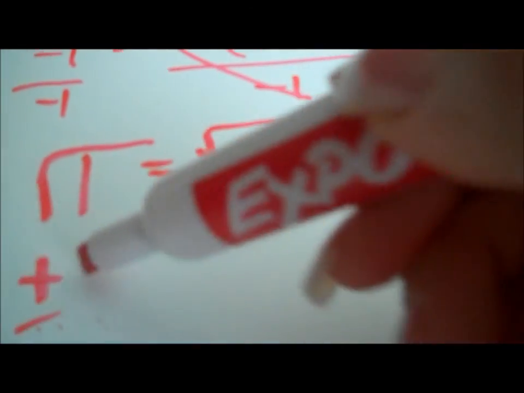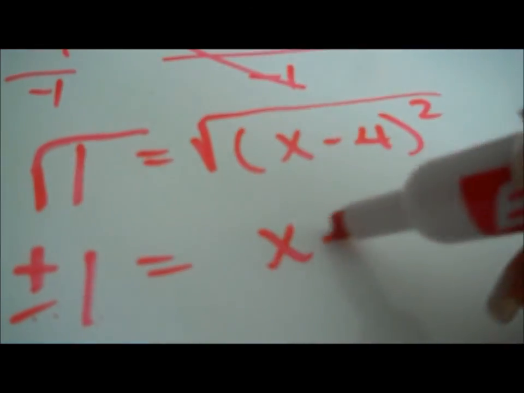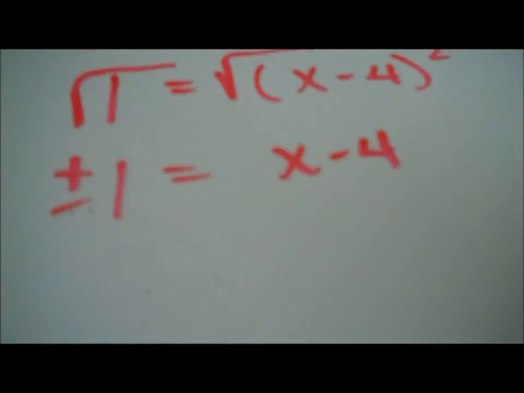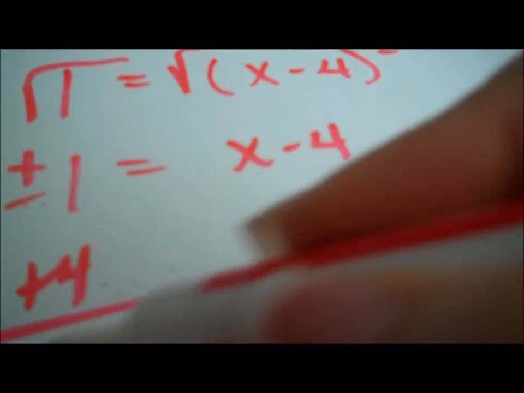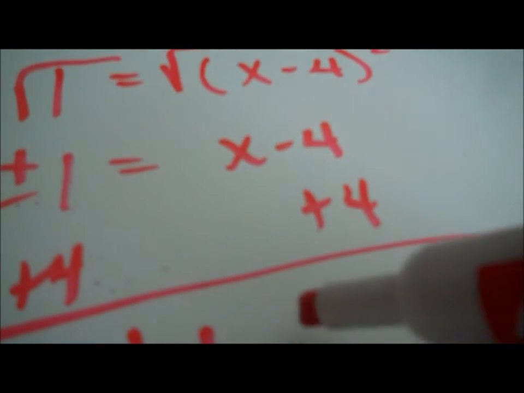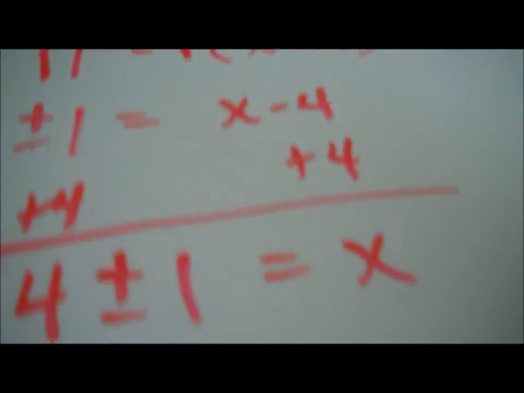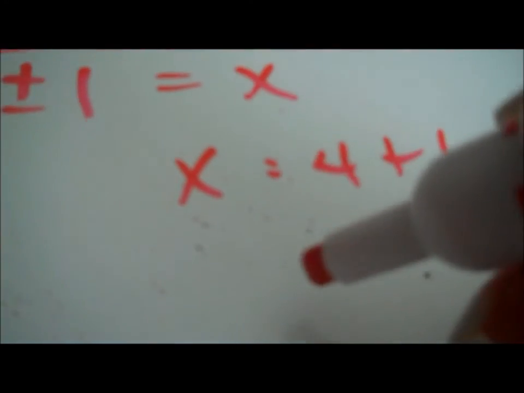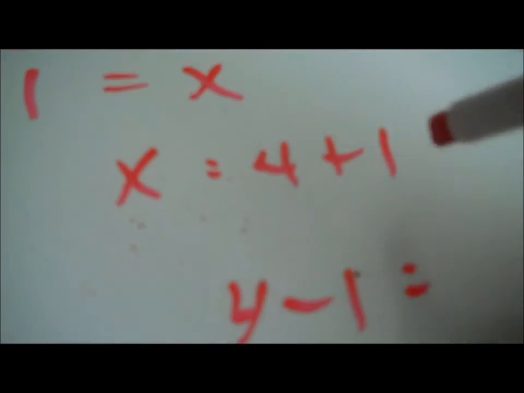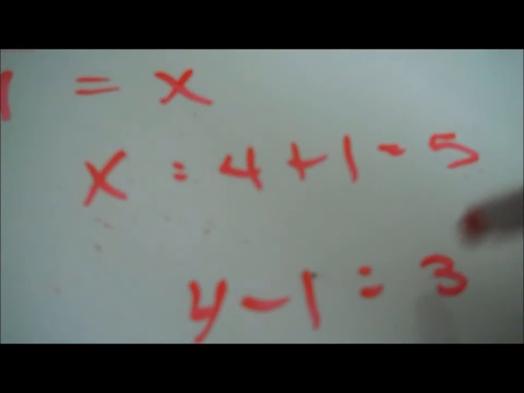So I get a positive and a negative 1 equals x minus 4. To get x by itself, I need to add 4 to both sides. So I have 4 plus or minus 1, which is going to give me my x. That means x is 4 plus 1 and 4 minus 1, so we get 5 and 3.